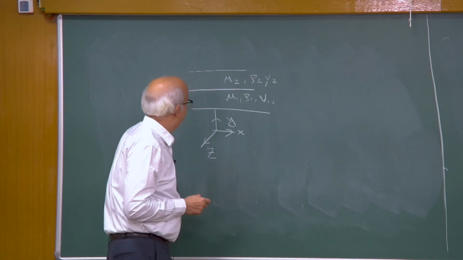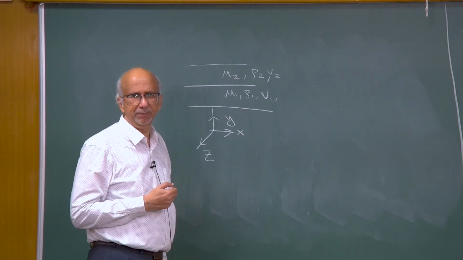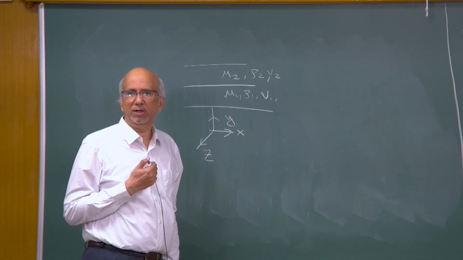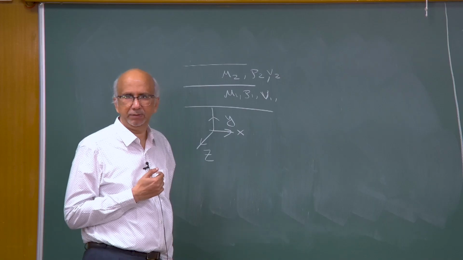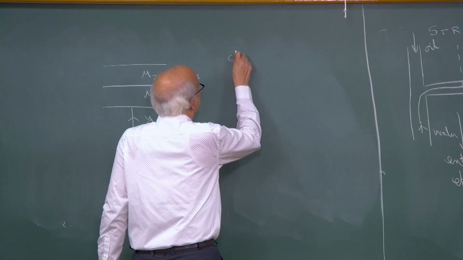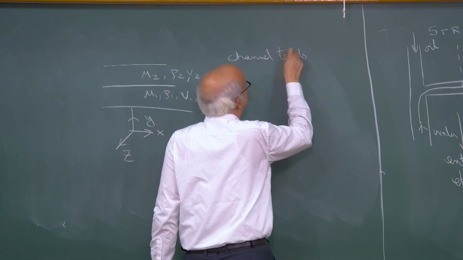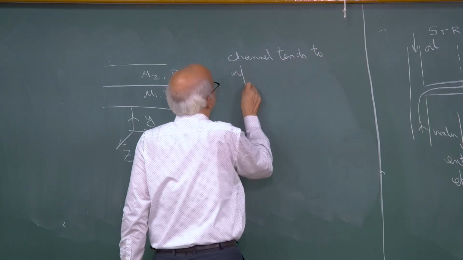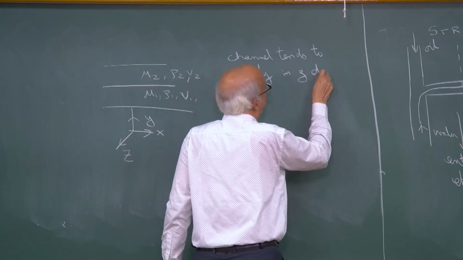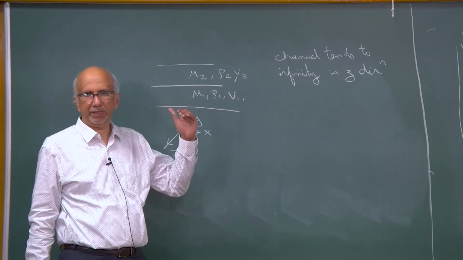Now what we want to do, what are the assumptions because of which my fluid flow is actually one dimensional? I am going to assume that the channel tends to infinity in the z direction, okay.